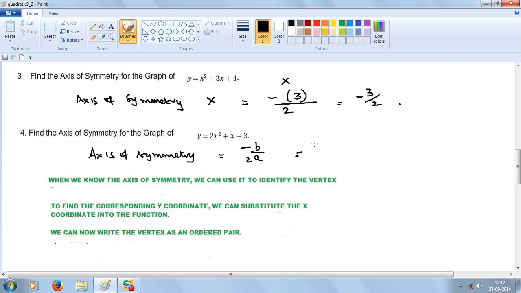In this case, minus b is minus 1, divided by 2a, which is 2 multiplied by 2. It is equal to minus 1 by 4.